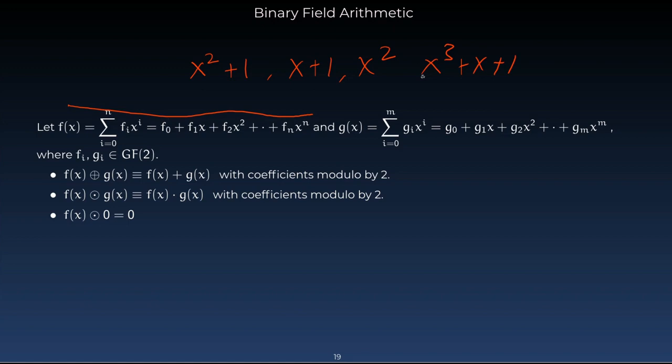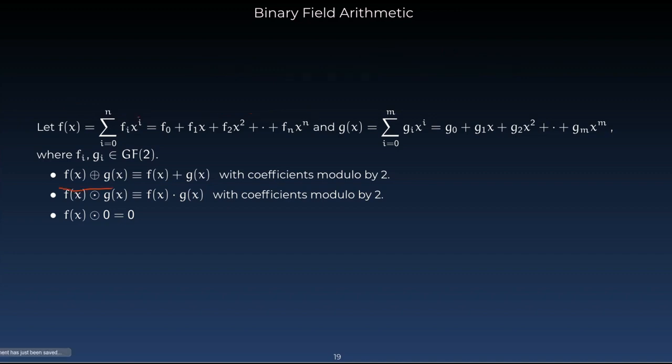Their addition is defined in this way: when we add two polynomials, we add them coefficient by coefficient modulo 2. So if we have x plus 1 and we add it to x squared plus x plus 1, our result is going to be x squared plus (1 plus 1) x plus (1 plus 1).